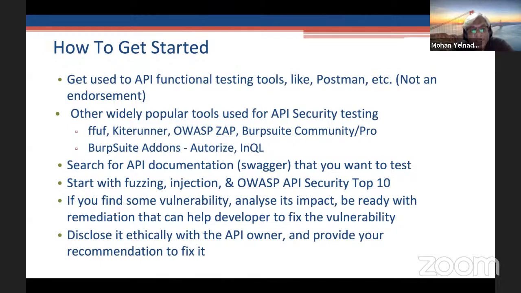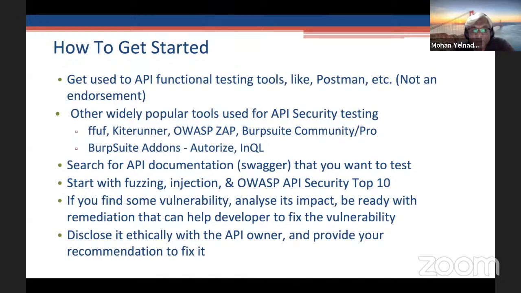That understanding helps at this stage, because once you understand it, you know which areas to target in the shortest possible time, so that you make optimized use of your resources. Once you have that, you are ready. Then you start with fuzzing or any injection attacks, or of course the OWASP API Security Top 10 attacks, and see if you can find something.